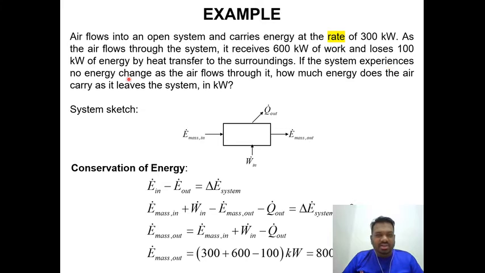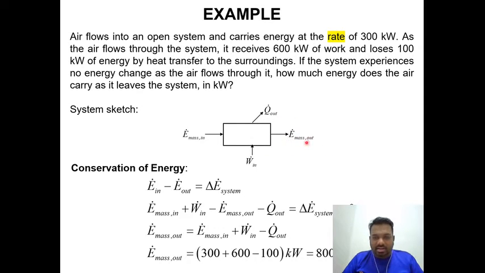If the system experiences no energy change as the air flows through it, how much energy does the air carry as it leaves the system, in kilowatt? So you need to calculate. You can do the system sketch first. Mass is entering and work is done, so W in. You can see here you have a dot because it's related to rate.